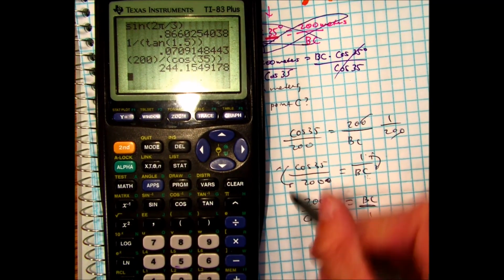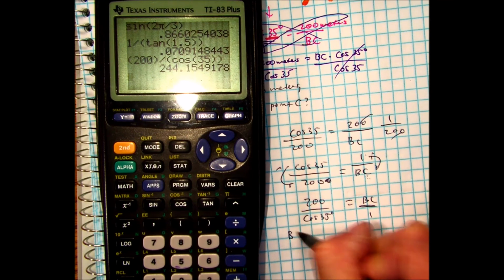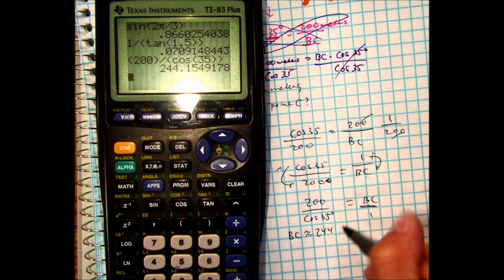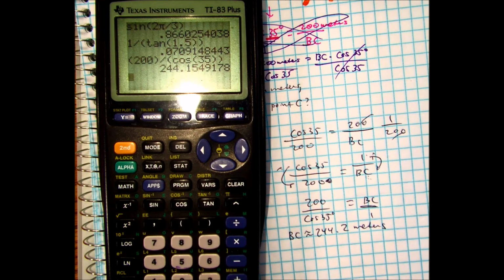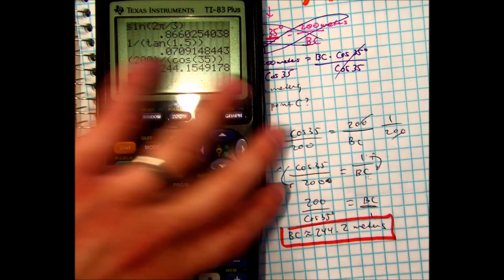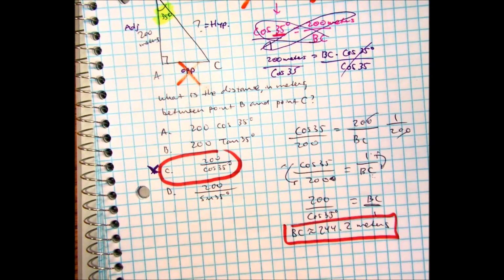And if I ever had to round, I could say the distance is approximately 244, maybe round to the tenths, I don't know, 244.2 meters. And that's how you use trig to solve for the unknown.